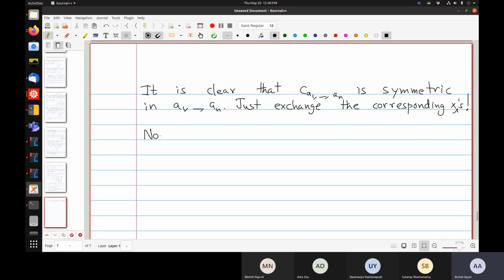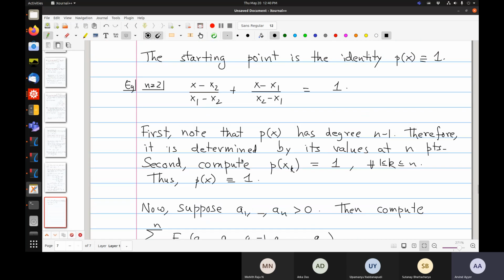And the last thing is to show the initial condition. So now suppose a_n is 0. Okay, then what happens? Then F_n of a_1 up to a_{n-1}, 0 is what? So let's go back.